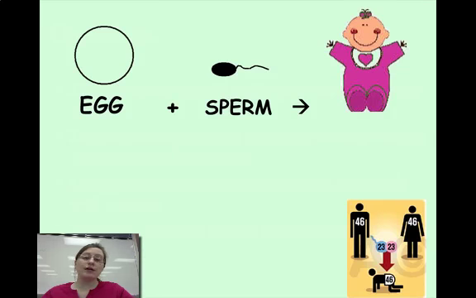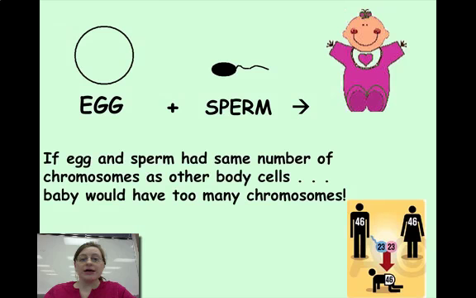Okay, so when life begins for all sexually reproducing organisms, we combine an egg and a sperm cell to produce our offspring. In humans, our egg and our sperm cells are going to contain a different number of chromosomes from the rest of our body cells. As you recall from mitosis, human body cells contain 46 chromosomes.